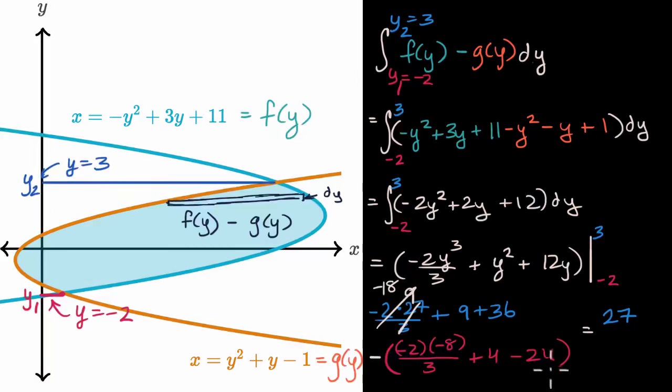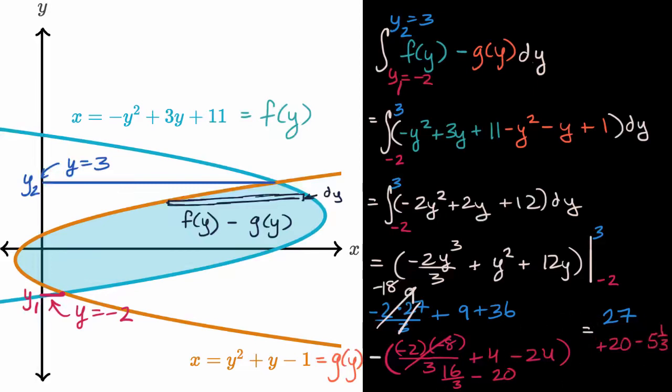So that is going to be 16 over 3, and then minus 20. But then we have this negative out here, so if we distribute that, we'll get plus 20 minus, we could rewrite 16 over 3 as 5 and 1/3. Minus 5 and 1/3. And so what is that going to get us?